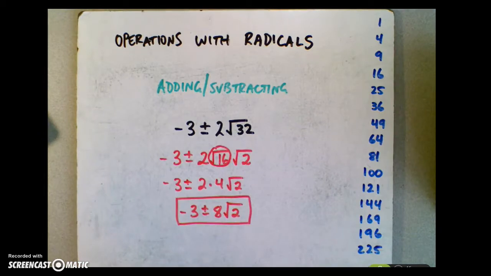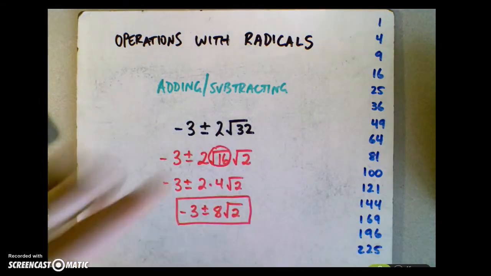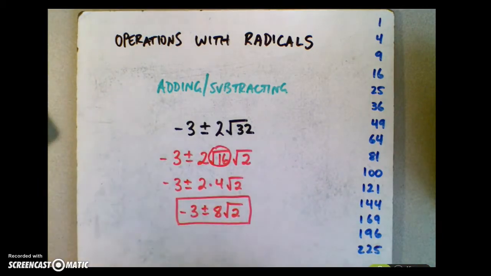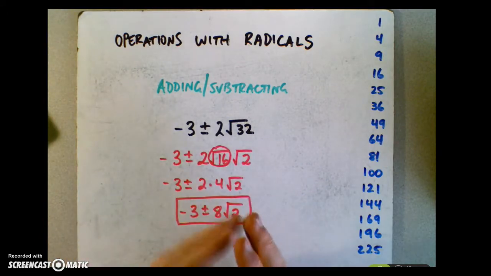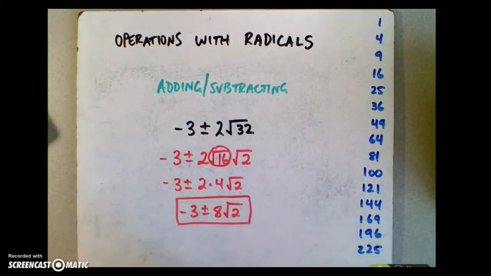And that's it. So that's all it is for adding or subtracting. If this was just a subtraction sign, then you would just leave those all as subtractions. Fairly simple. What you're really doing is simplifying the piece that has the radical. Everything else just sort of comes down.